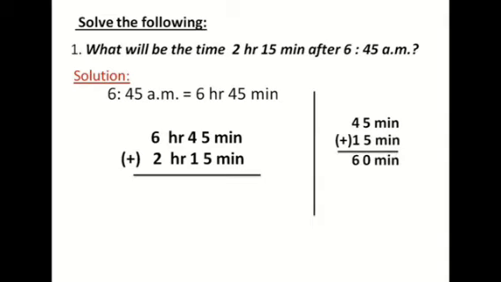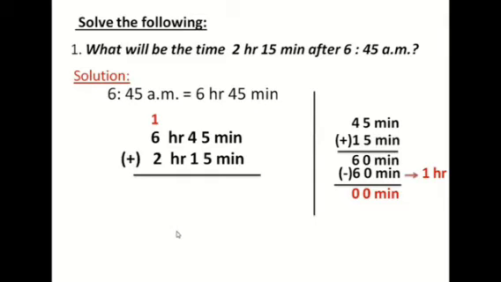Now, what you have to do? If the sum is 60 or more than 60, you have to subtract 60 minutes from that. So 60 minutes means 1 hour. This 1 hour will be carried over in the column of hour. So here the difference is 0 minute. 1 came to the column of hour.